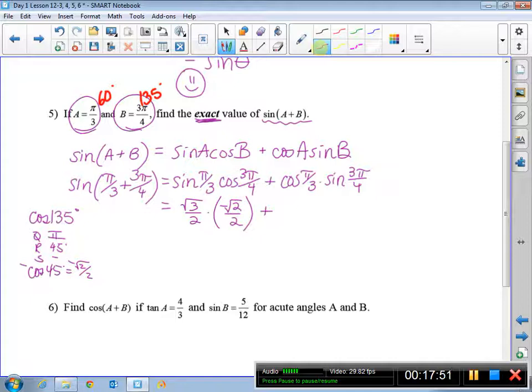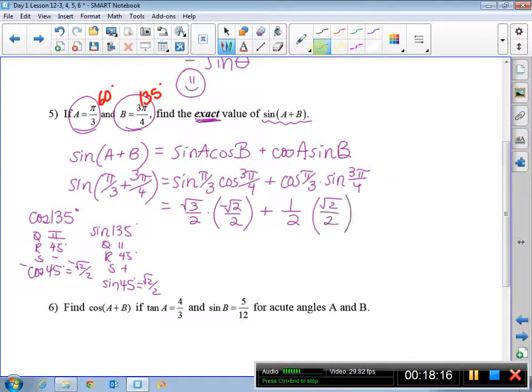Cosine of pi over 3 is 1/2. And the sine of 135: quadrant 2, of course, reference angle is 45, and sine is positive in quadrant 2, so the sine of 45 is radical 2 over 2.